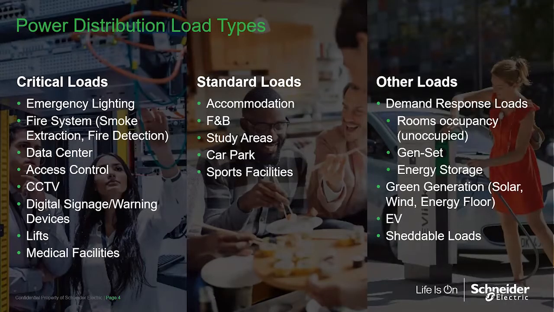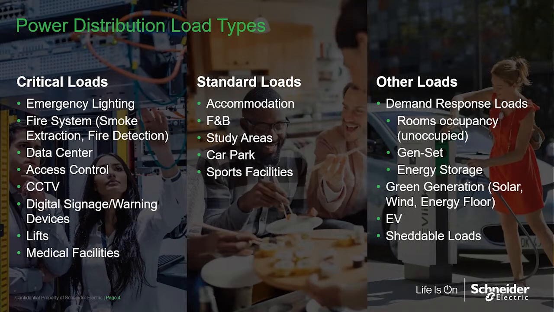So the different power distribution load types within a campus are ranging from critical loads to loads that maybe don't even need to be on. So the easiest way to look at this is if we view the university campus as a mini city, which they tend to be these days.